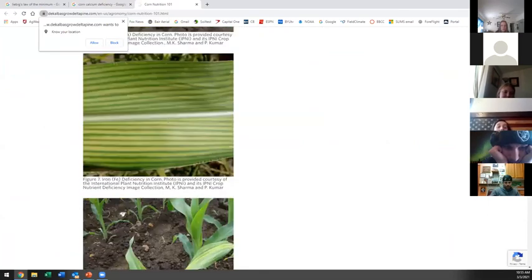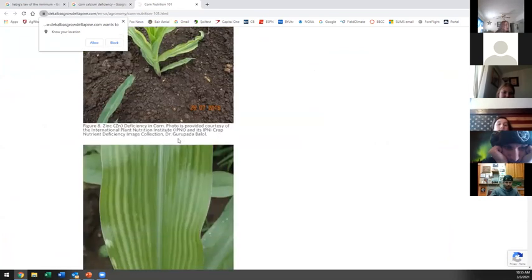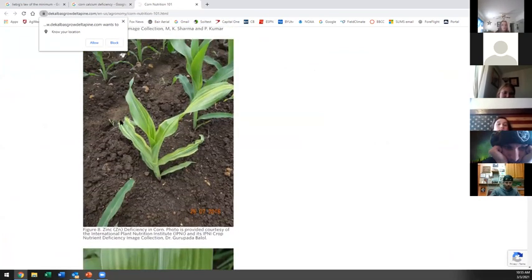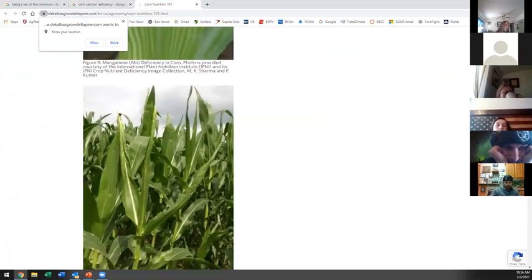That's the same picture we just looked at, isn't it? Here's an interesting one. Here's a zinc deficiency in corn. You notice the striping? And it gets worse as you move up the stalk there. That's interesting.